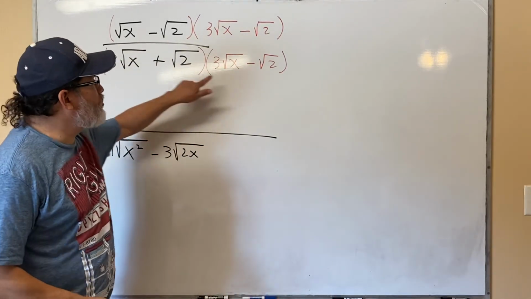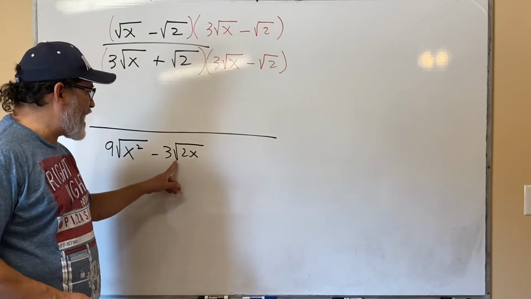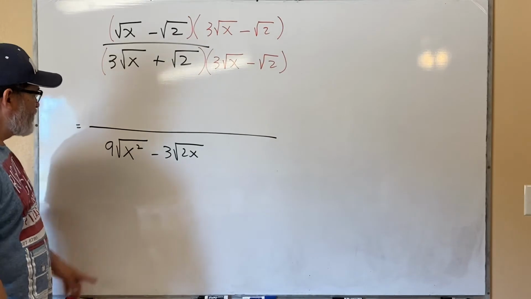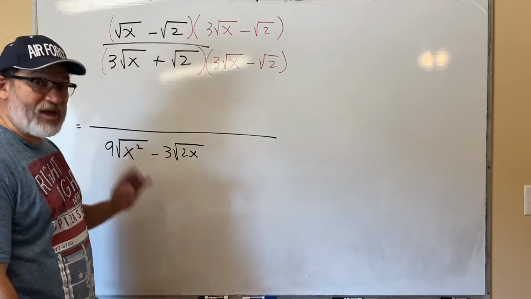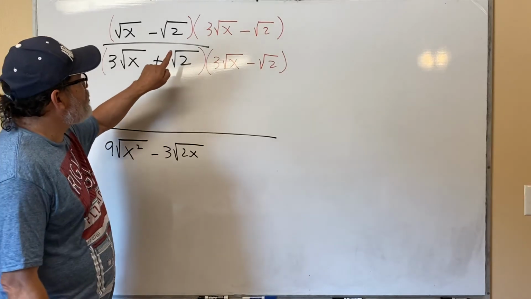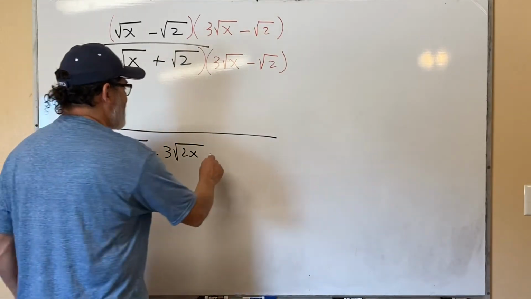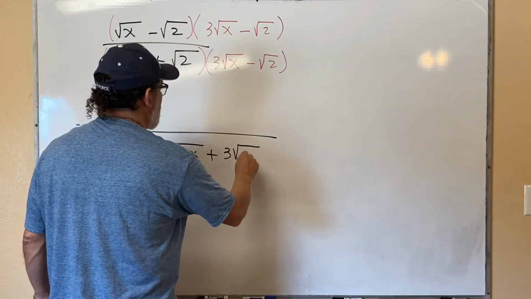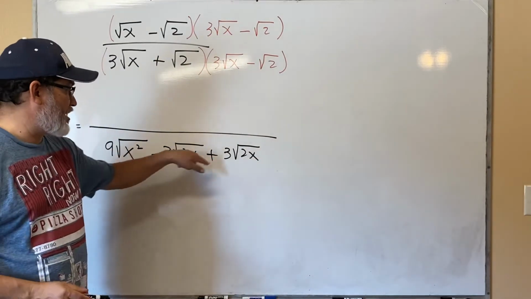Because those two are conjugates, you'll notice that outer and inner will cancel. Watch. So that's first, that's outer. Let's go to inner. The square root of 2 times 3 the square root of x is going to be what? Plus 3 the square root of 2x. See? They cancel.